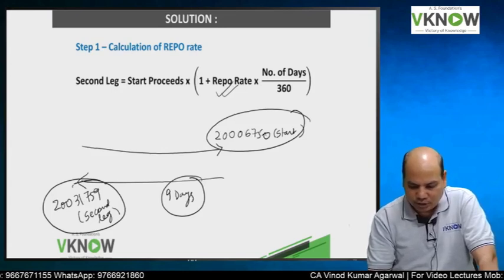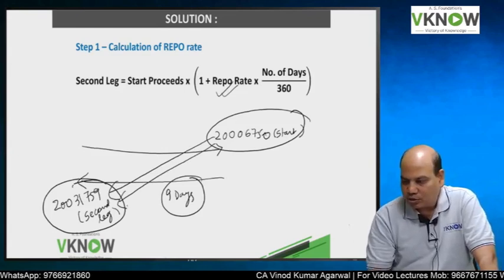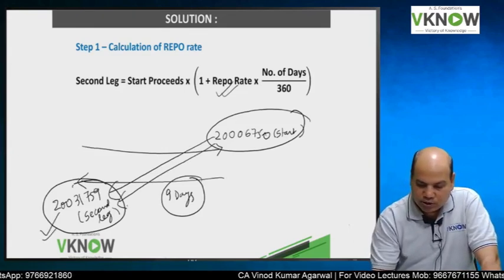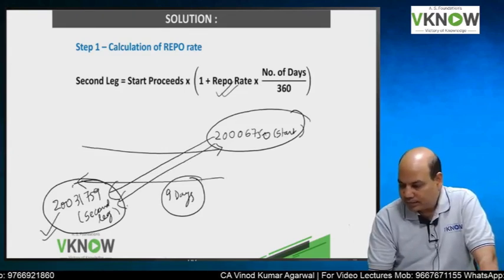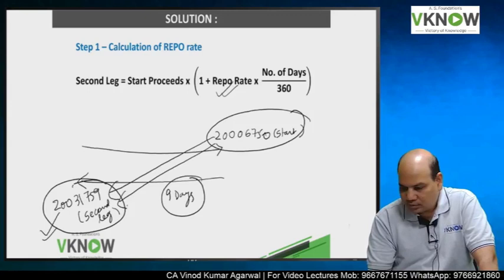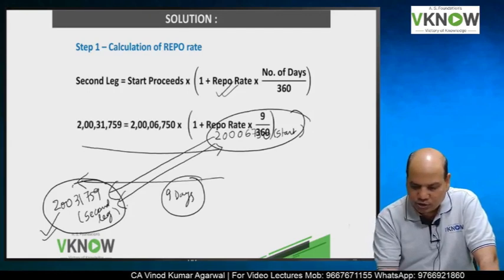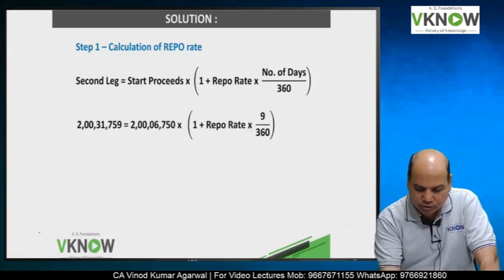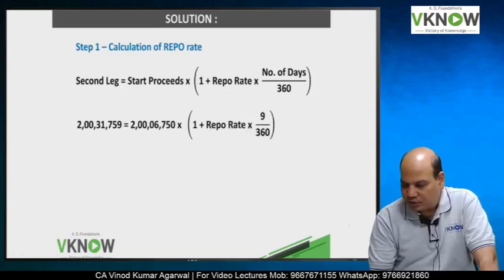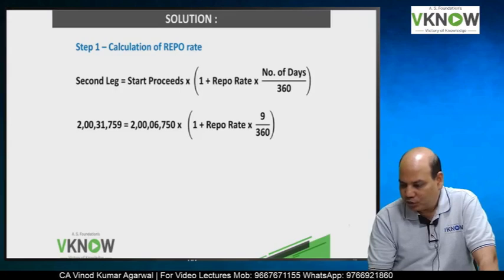By what rate of interest will this amount after 9 days become equal to 200,31759? Don't worry, I will give you the data, you will solve. It is like a small equation. Future value is given, present value is given, time is given. You need to find the rate.